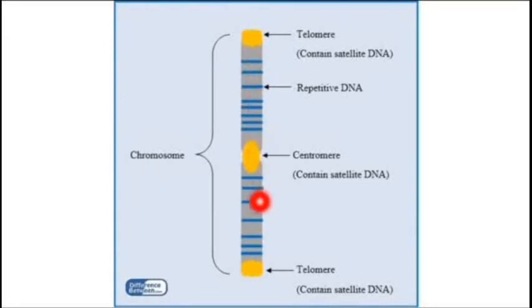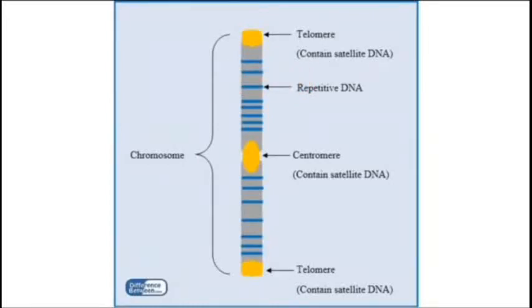This is a linear DNA, with the telomere, the centromere and the telomere of a chromosome. These blue regions are the repetitive DNA components, and the space in between two repetitive DNA components is called the spacer region.